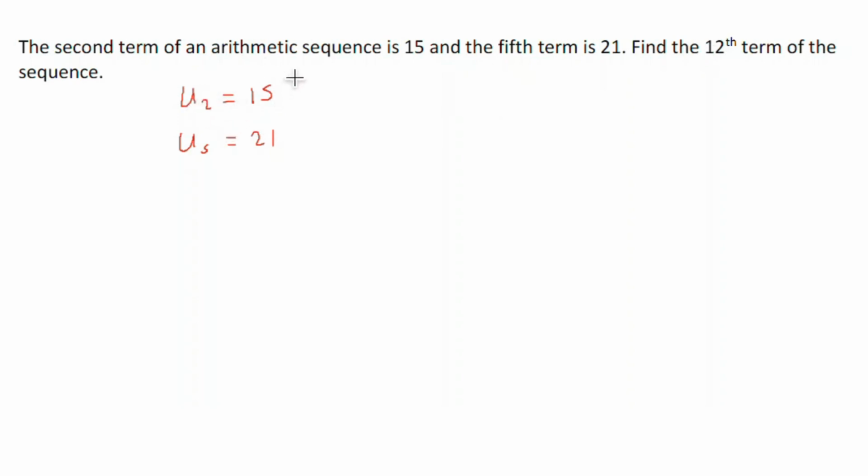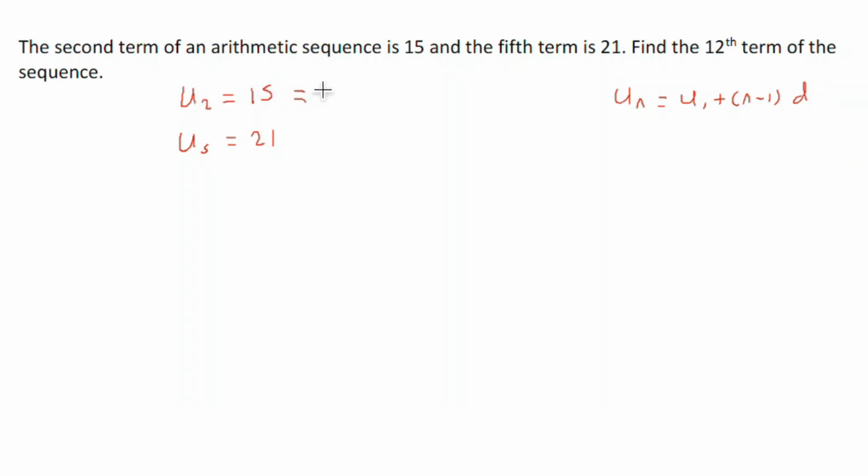If the second term is equal to 15, we can actually use the formula to set up an equation here, because we know in general that un is equal to u1 plus n minus 1 times by d. Well, in this case, n is equal to 2.